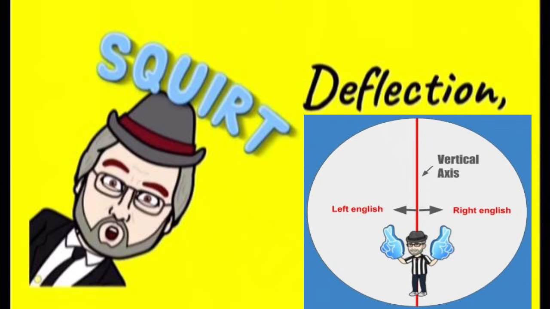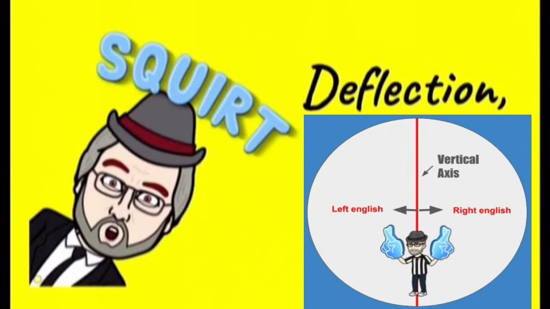If we didn't have enough things to worry about, we have to think about deflection, also known, a lot of people refer to it as squirt, but it happens every time we hit left or right of that vertical axis. We're using English.